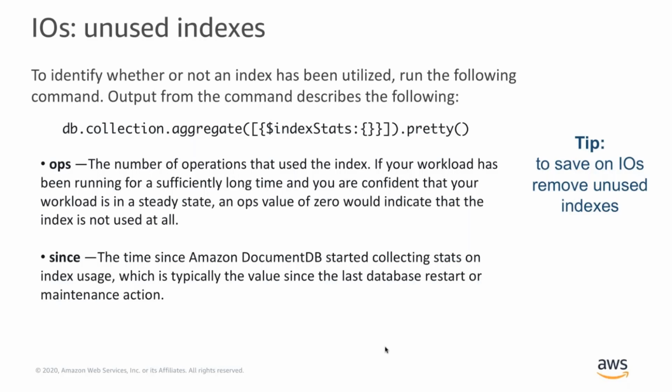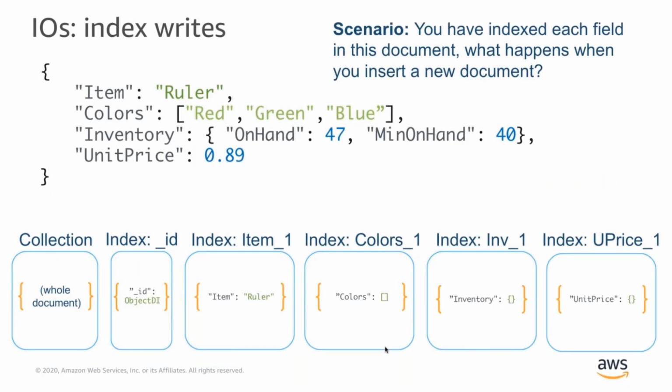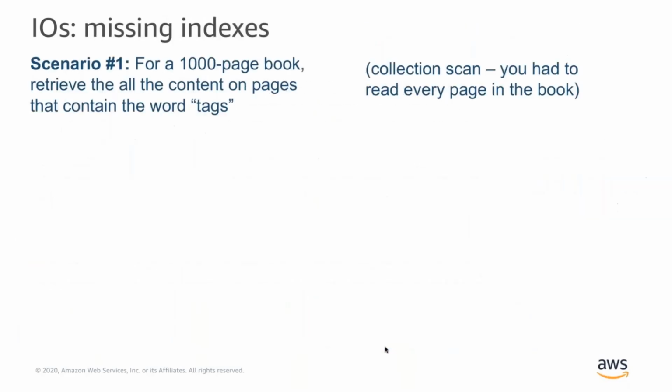Sometimes indexes are created on good intentions, but they're never used. If you have a bunch of unused indexes, remove them. You're going to save on storage costs. You're going to save on write costs as well, because you don't have to write to all n indexes if you're never using them. The same is true for reads.